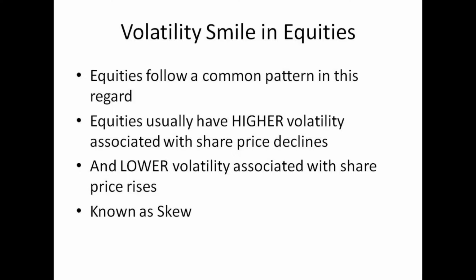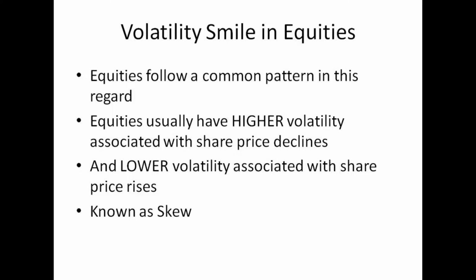Now, the smile that we saw on the last slide is something that you maybe see more in foreign exchange options. And that's a little bit interesting because for a foreign exchange option, for example, a pound denominated option on the US dollar, a call option on the dollar is the same as a put option on the pound denominated in dollars.